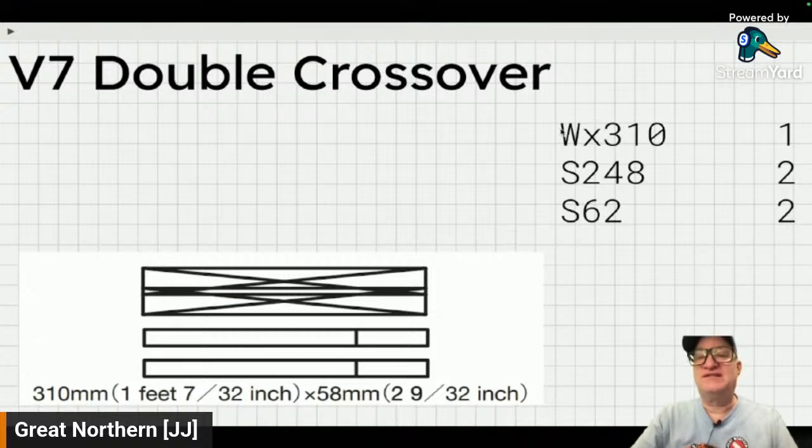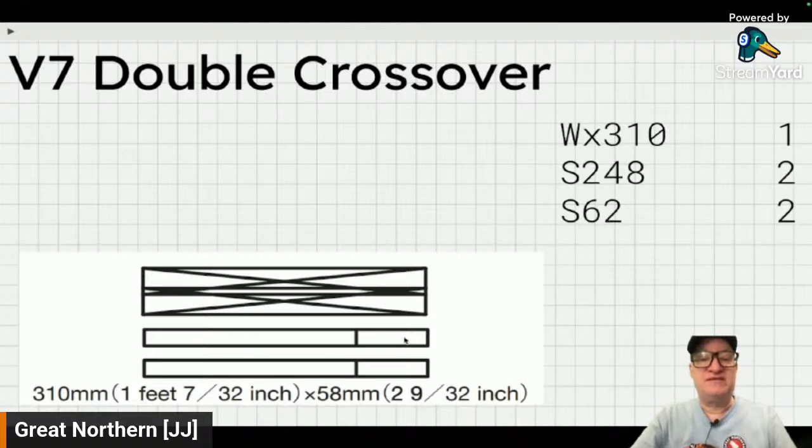So why is this a W310? I don't really know what the WX is, so something double crossover, and then 310 is the millimeter distance. So from that edge to this edge is 310, and it just so happens that 248 plus 62 equals 310.